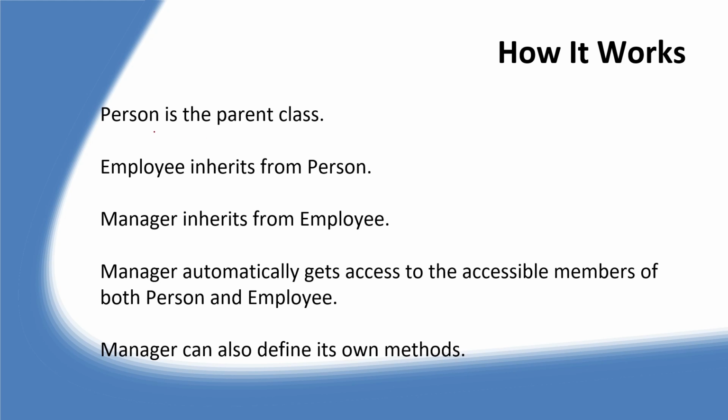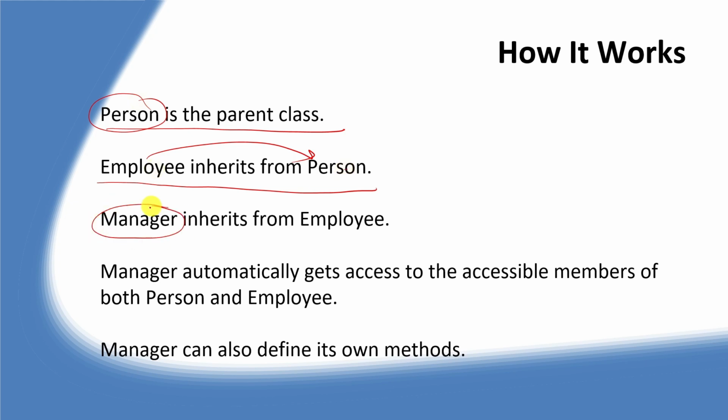Okay, so person is the parent class, employee inherits from person, manager inherits from employee. So manager is the final child class. So the manager object can access accessible members from every class, whether it is employee or person.